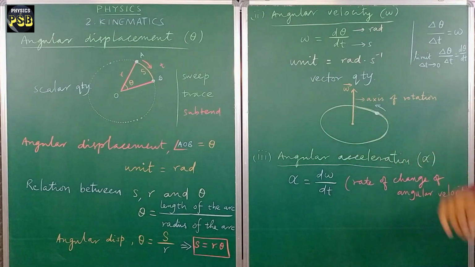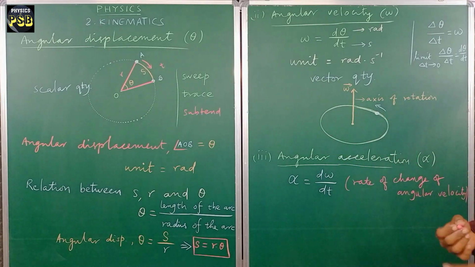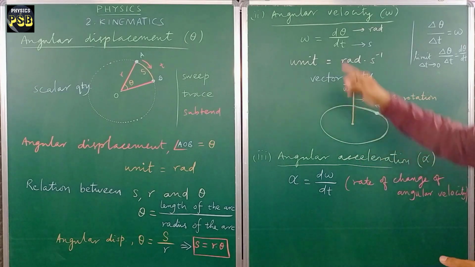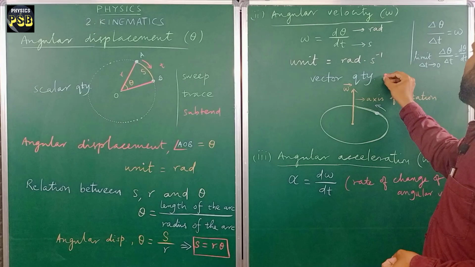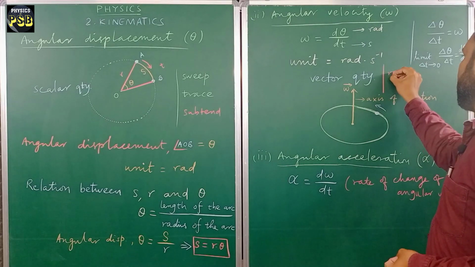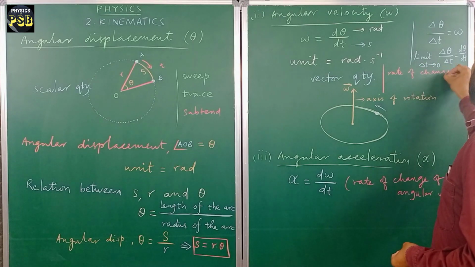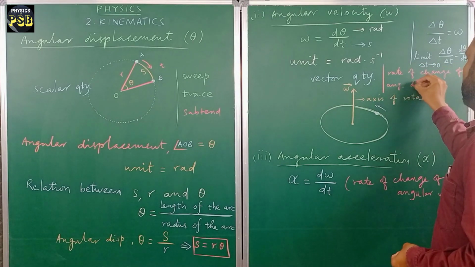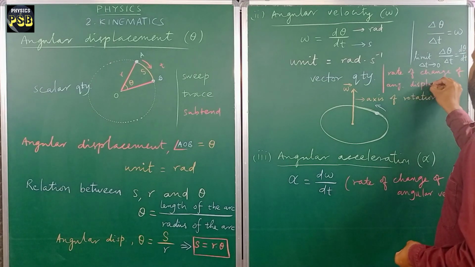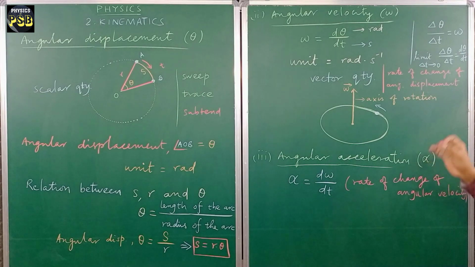Got it? This I have told you earlier in my previous video. Now, what is angular velocity? Let me write its definition here. Rate of change of angular displacement is known as angular velocity.